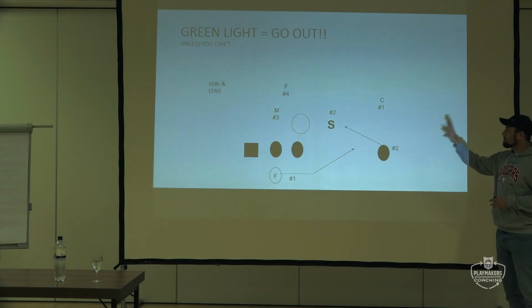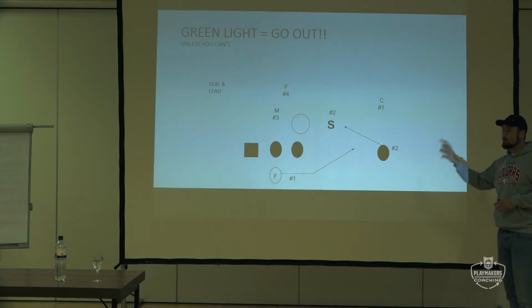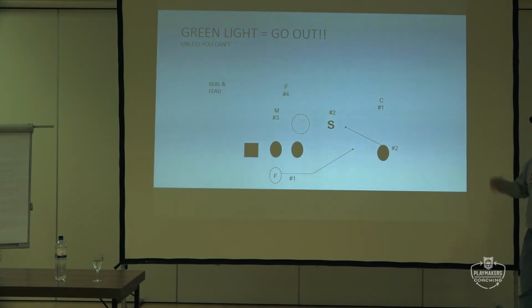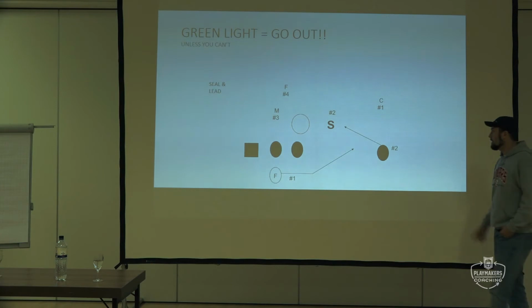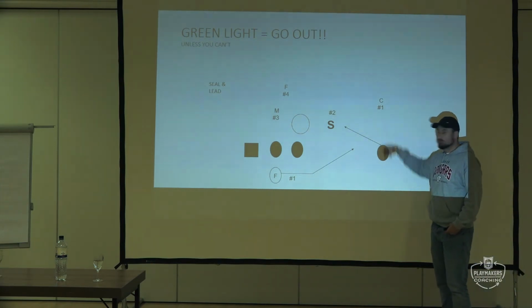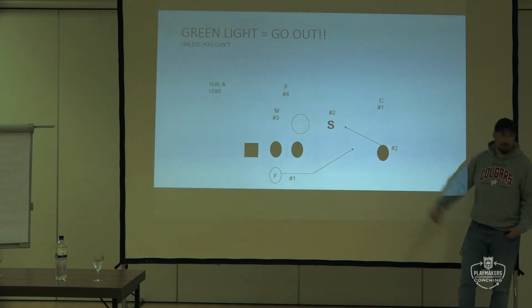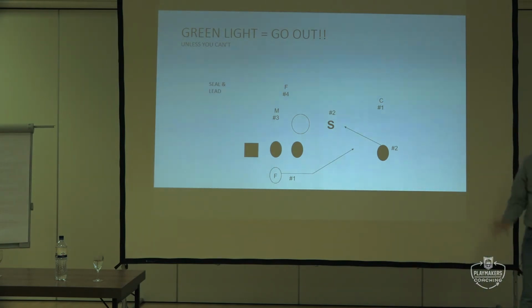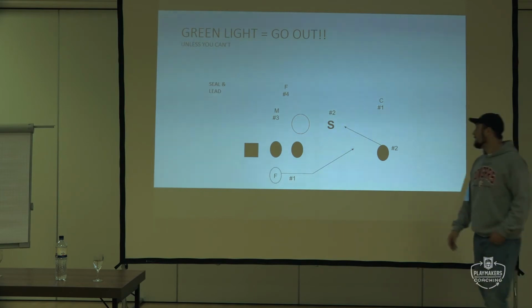Again, we only number the players on the side that we're sweeping to, but this gives us a way to communicate with our blockers, right? And that's important. Sometimes the corner's up. Fine, we're just going to block him. Then the fullback can take the next guy. There's a lot of ways to do this. Again, it depends on your team's personnel and, of course, on the defense itself.